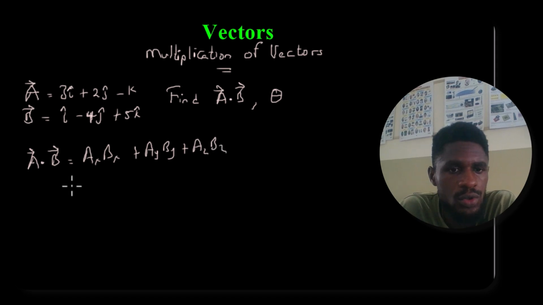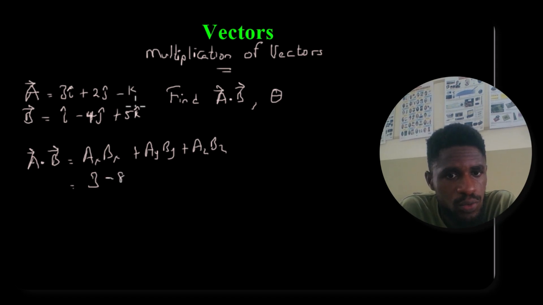So 3 times 1, because AX is 3 and BX is 1, that gives us 3. The magnitude of AY is 2. The magnitude of BY is minus 4. So 2 times minus 4, that's minus 8.